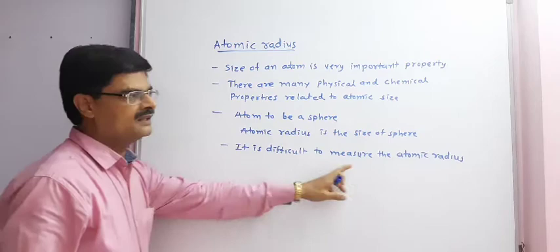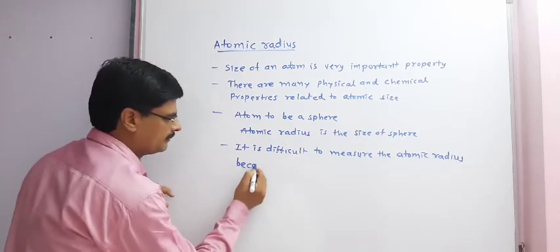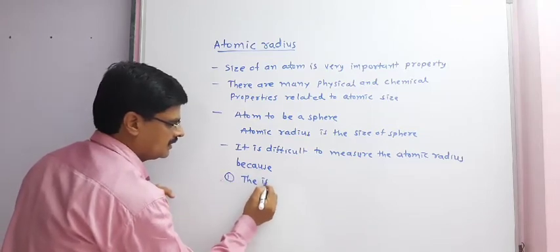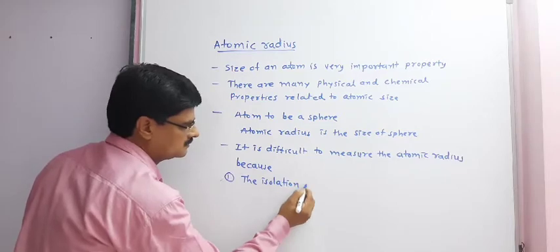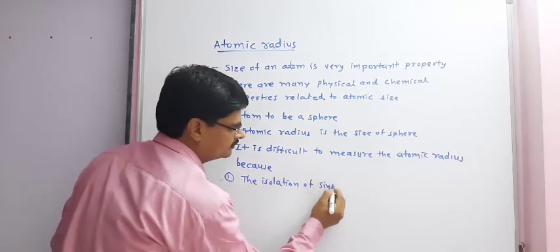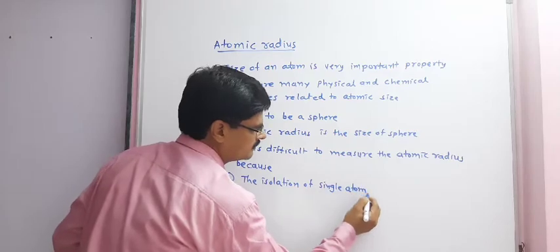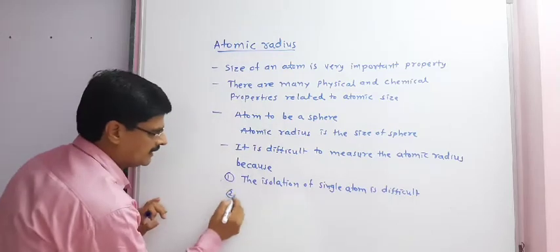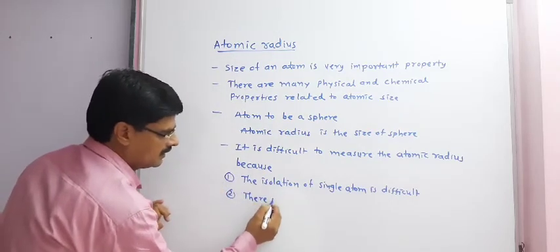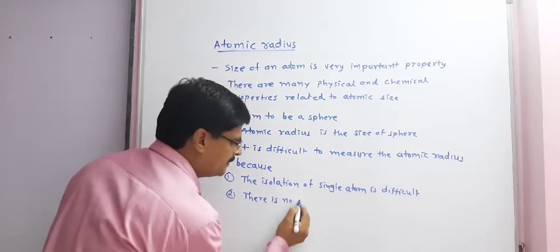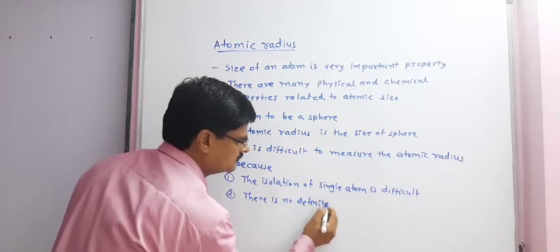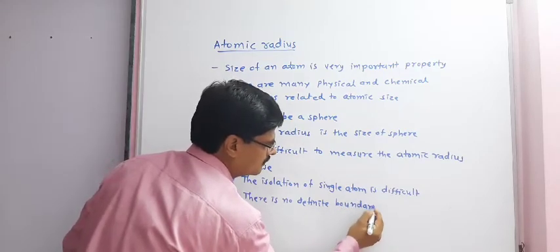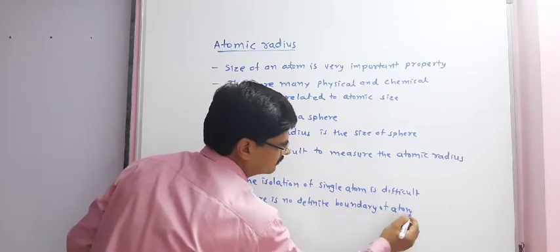It is difficult to measure the atomic radius because, number one, the isolation of a single atom is difficult, and second, there is no definite boundary of an atom.